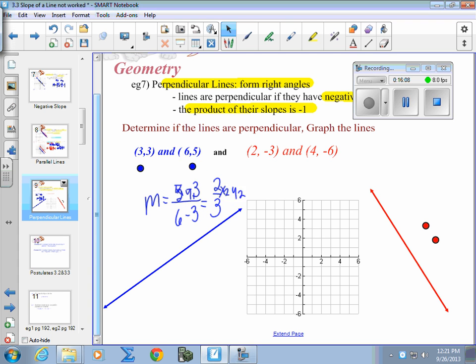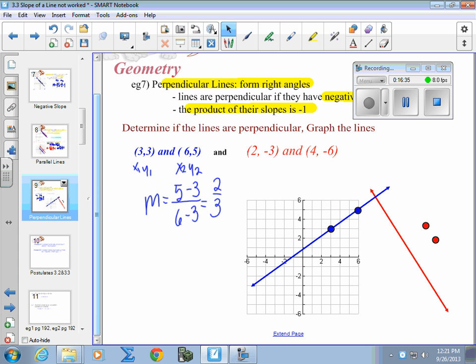We have 3, and we have 6. We have our blue line here. In order for the red line to be perpendicular to the blue line, it has to have a negative reciprocal slope.